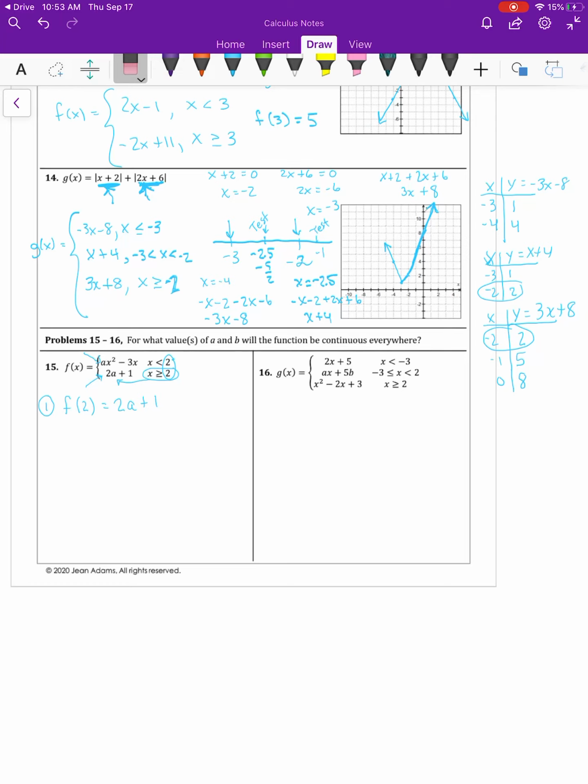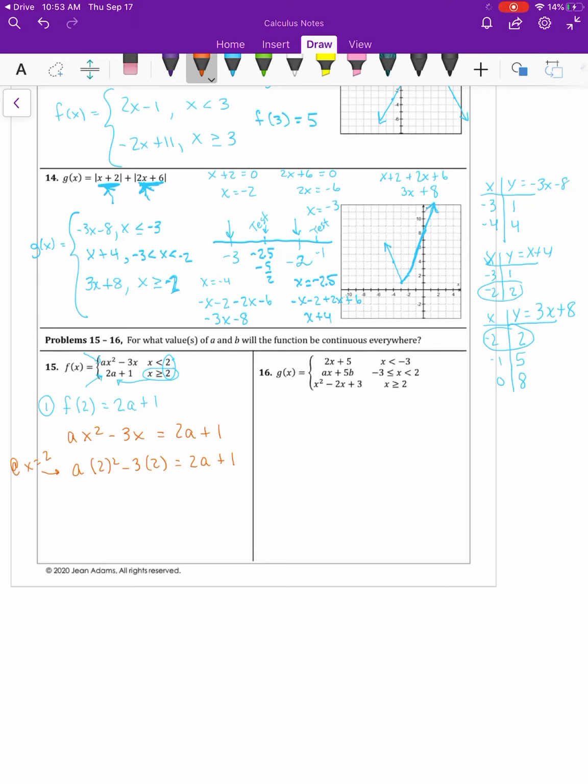And say that our ax squared minus 3x is equal to our 2a plus 1 at 2, so at x equals 2, this would be a times 2 squared minus 3 times 2 equals 2a plus 1.